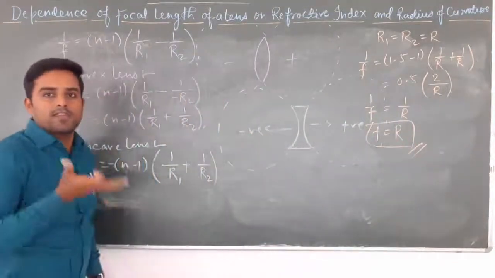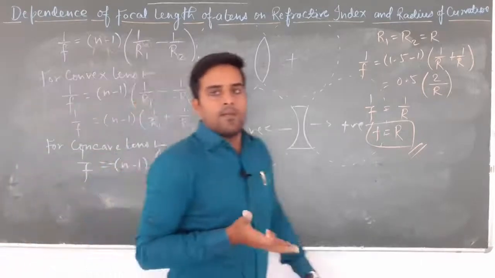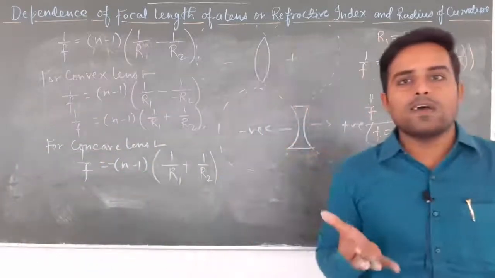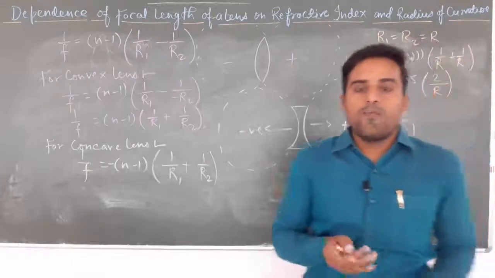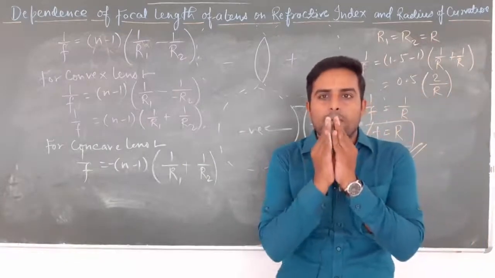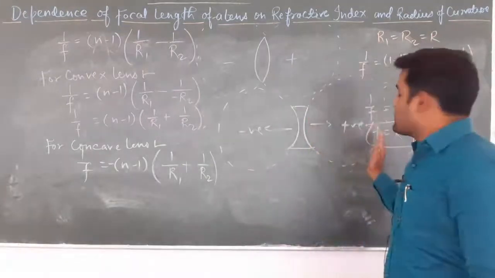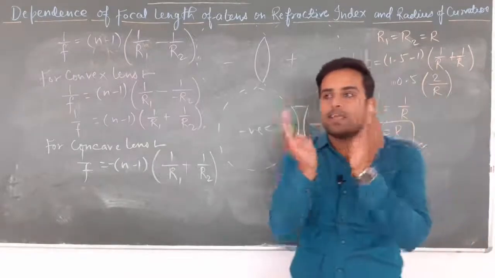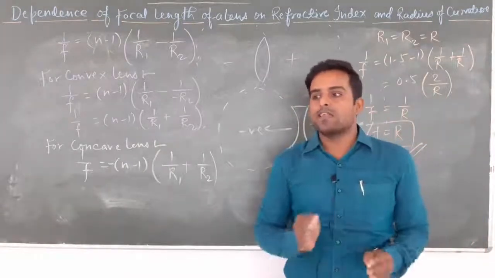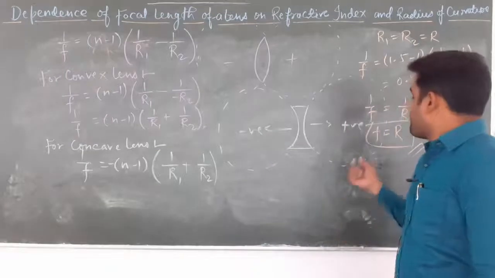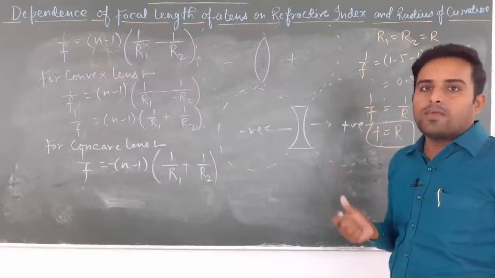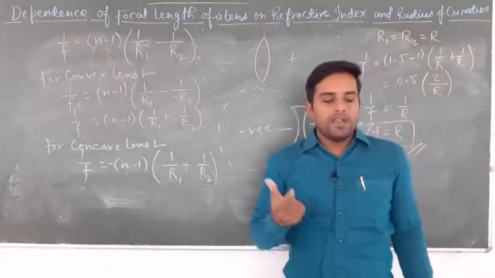So you can see from this that the focal length is directly proportional to the radius of curvature. When the radius of curvature is more, as in a thin lens, the focal length will be more, and when you take a thick lens, its focal length will be small, because its radius of curvature will be less.